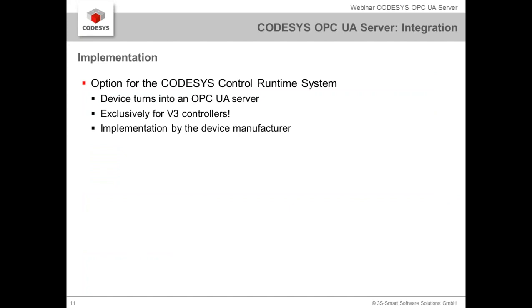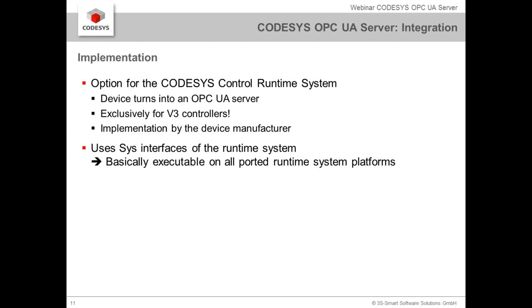In terms of commercial issues, it's a buyout option which you can, as a device manufacturer, purchase together with the runtime toolkit which you need in order to implement the CODESYS Control runtime system, the soft PLC, onto your controller. With that option, you turn your device into an OPC UA server, exclusively for version 3 controllers, and you need to have access to the runtime system, so it's only available for the device manufacturer.